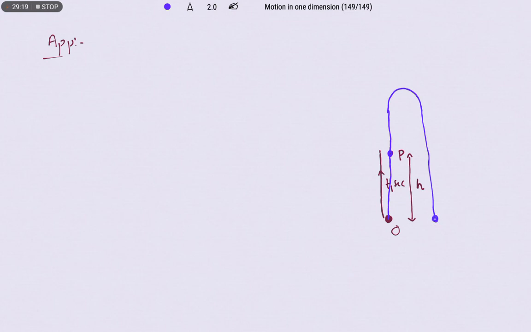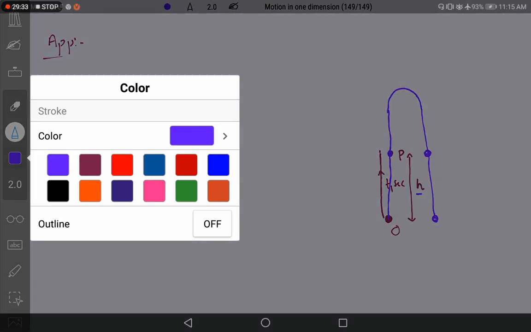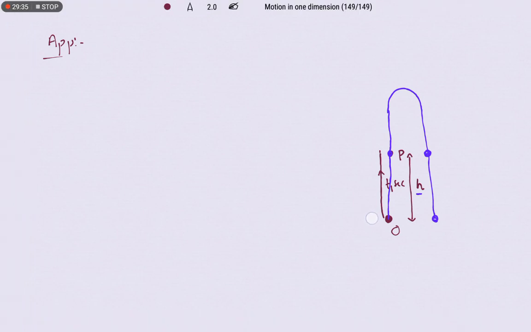Again, when it is going to strike the ground, it crosses the same level, which is at height h above the surface of earth, after t2 seconds. So from the point of projection, the time taken will be t2.